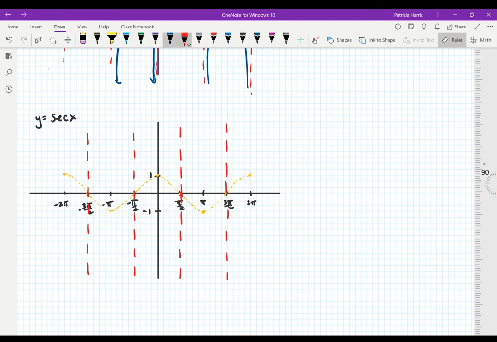Okay, here we go. Let's graph. Remember that these graphs do continue, so I'm stopping here just so we can fit everything we need.